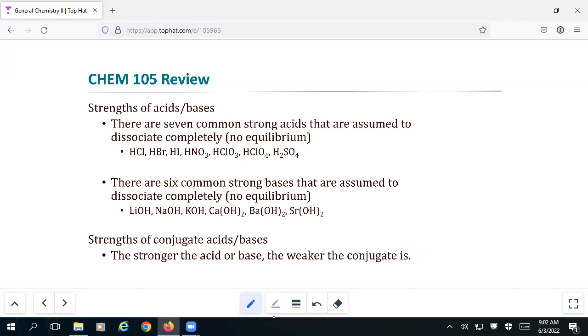The stronger the base is, the weaker its conjugate is going to be also. And so when it comes to conjugates of strong acids and strong bases, what we will find is that the conjugate bases of those strong acids have practically no basicity.